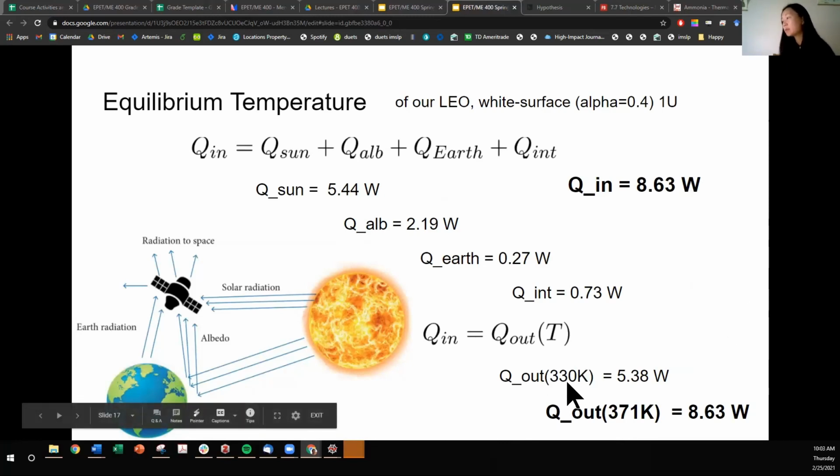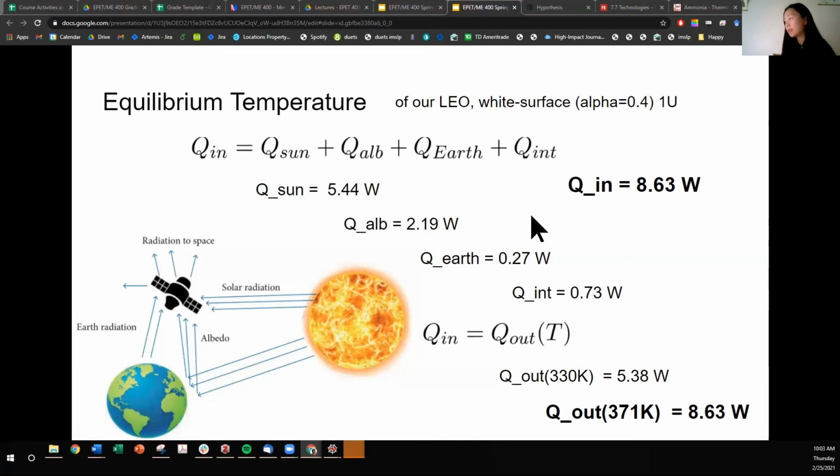Now, if we assume our spacecraft is 330 Kelvin, the amount of heat that the spacecraft is radiating out is 5.38 watts. Now, this means if our spacecraft were at 330 Kelvin, it would be taking in about 3 watts more power in heat. So it would rise in temperature.